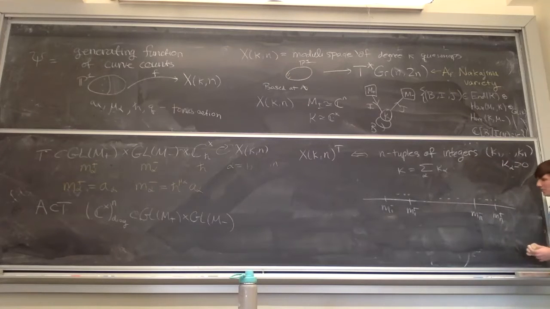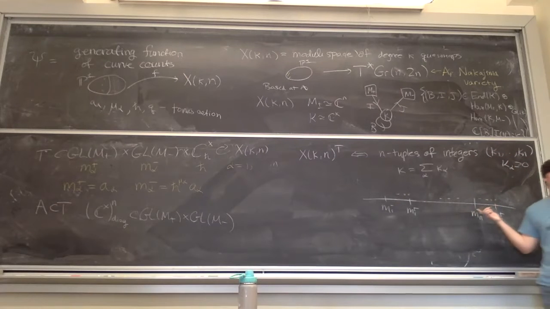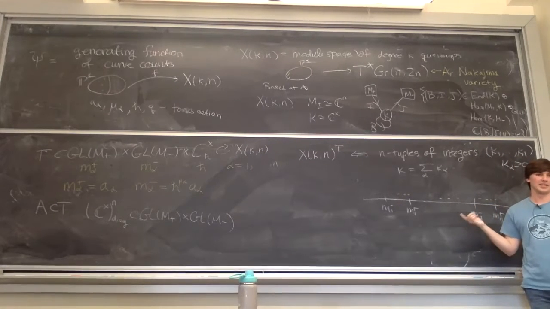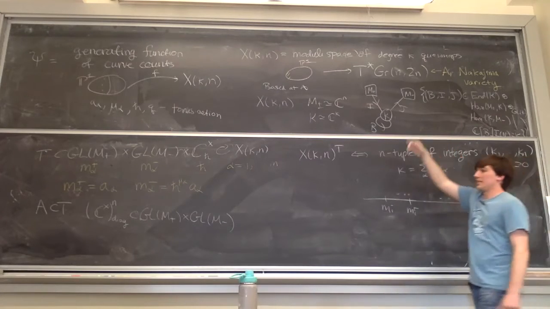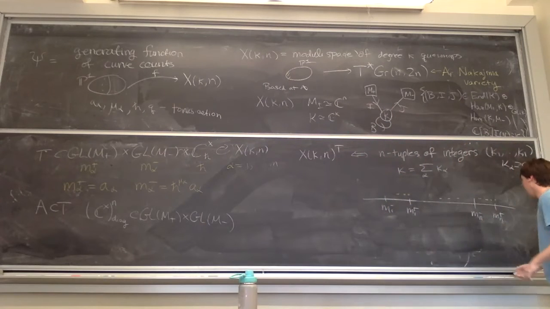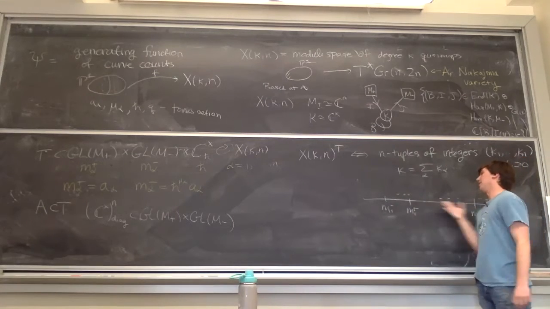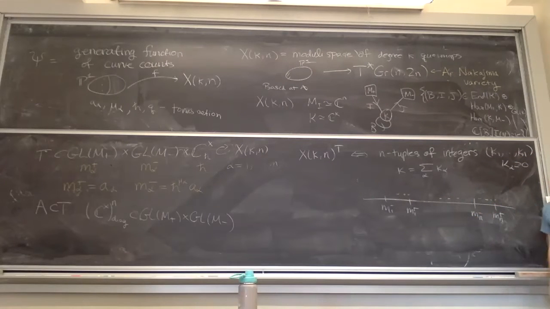The important thing is that this is in bijection with how you apply lowering operators to an SL2 Verma module if you have a tensor product of n of them. Because if you're in the weight K subspace, that means you have to have lowered the total weight by something like K. Each time you apply a lowering operator, you lower the weight. And if you have n of these, you can do this in all possible ways.